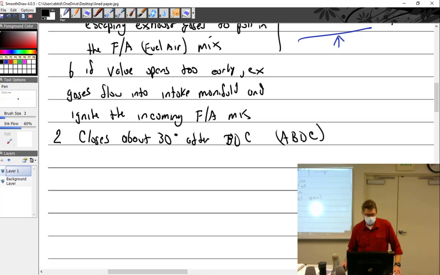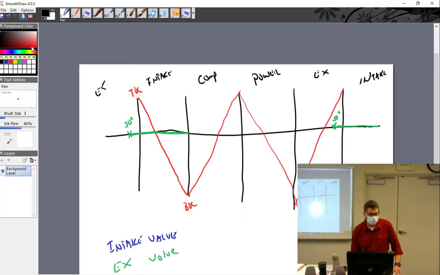And if we go this one up, so 30 degrees after, not to scale, 30 degrees, and it goes all the way through the intake and keeps going. So this is accurate here.